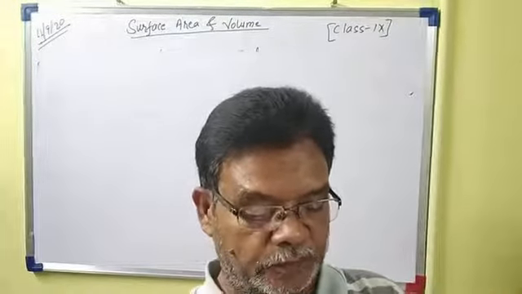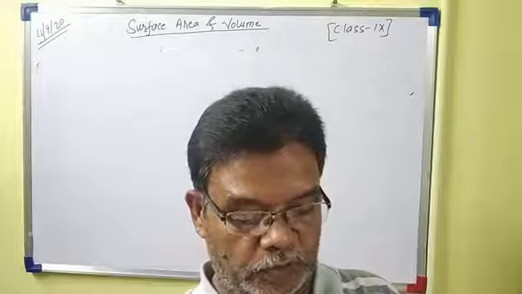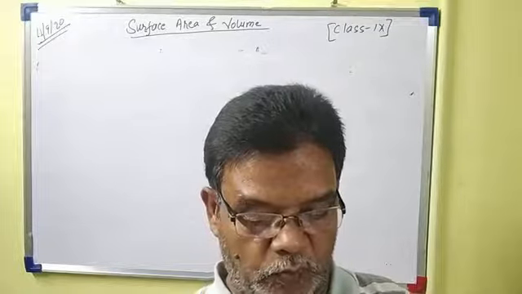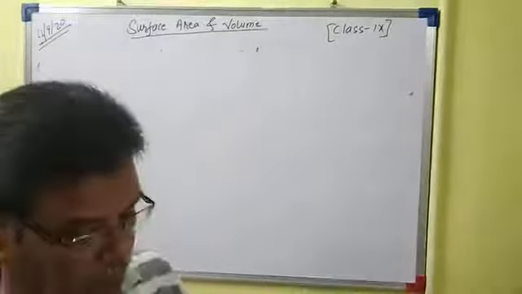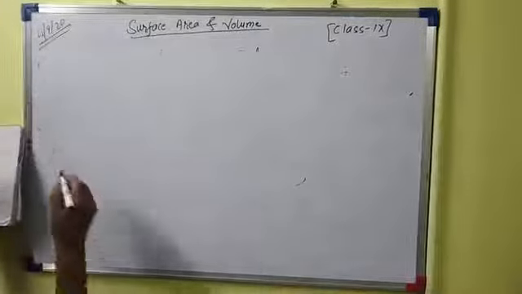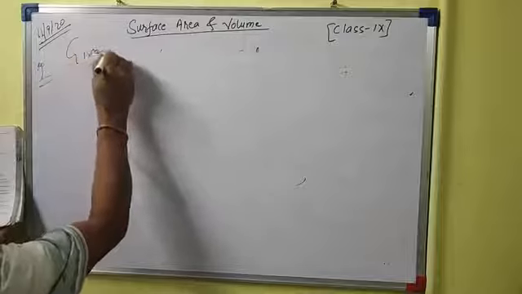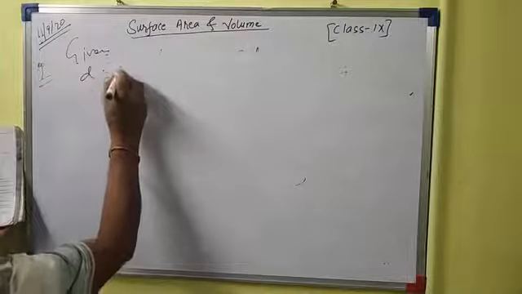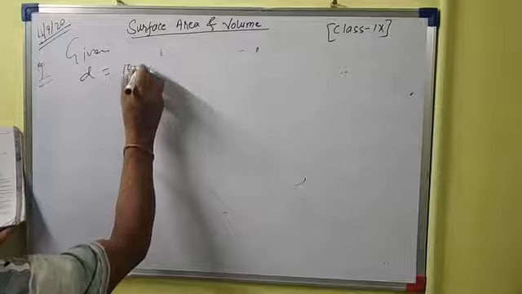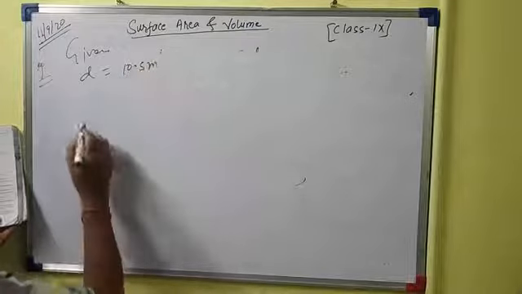Question number 9. A heap of wheat is in the form of a cone whose diameter is 10.5 meter. Given D equal to 10.5 meter.